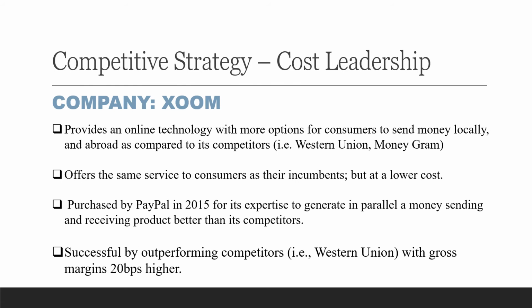It used to be called Zoom Money, but it was purchased by PayPal in 2015, due to the expertise to generate in parallel a money sending and receiving product better than its competitors. It's very successful because it's outperforming competitors like Western Union, with gross margins 20 BPS higher.